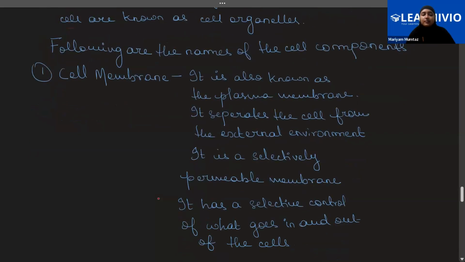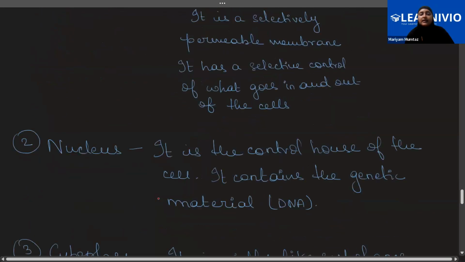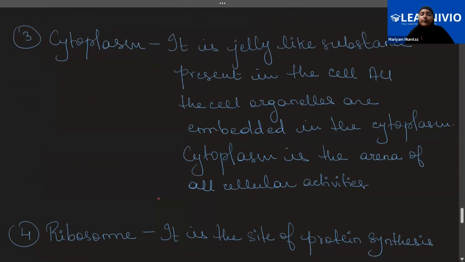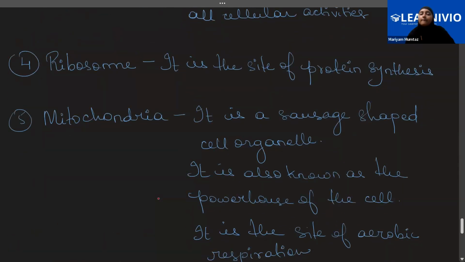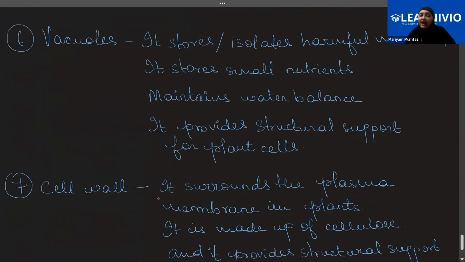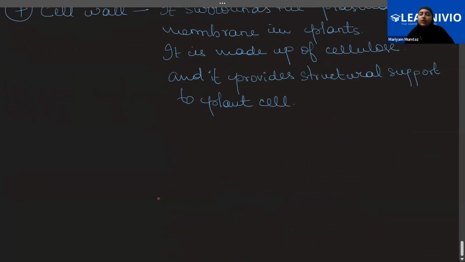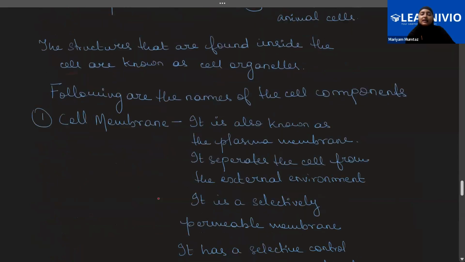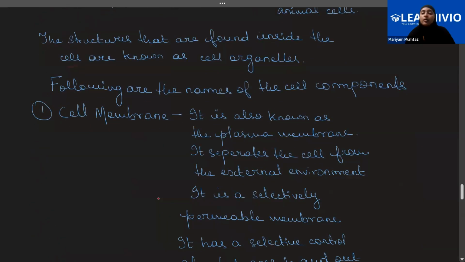First, there is cell membrane, then nucleus, then cytoplasm, ribosome, mitochondria, vacuoles, cell wall. All of these are the structures that are found inside the cell. These are the components of the cell.